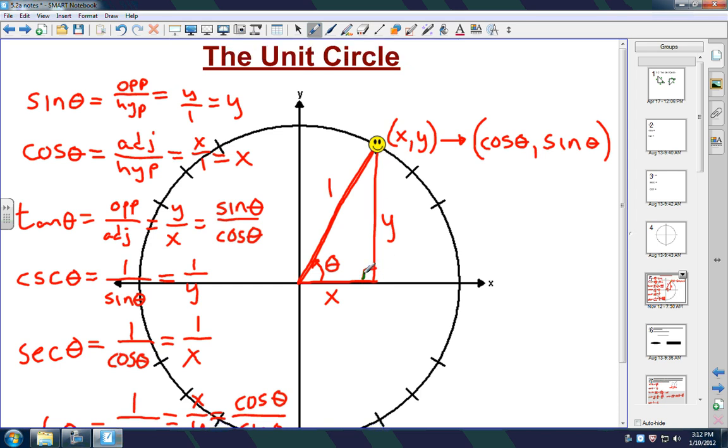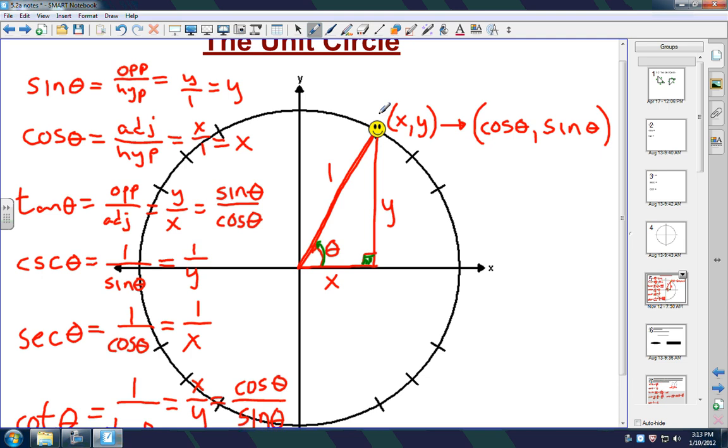We have to make the right angle or we can't use any of this SOHCAHTOA. Here's our counterclockwise angle, that's going to be positive. That's going to be our theta. The radius is going to be 1 because it's the easiest number out there. Later we're going to make the radius things that are not 1, but for right now, it's 1.